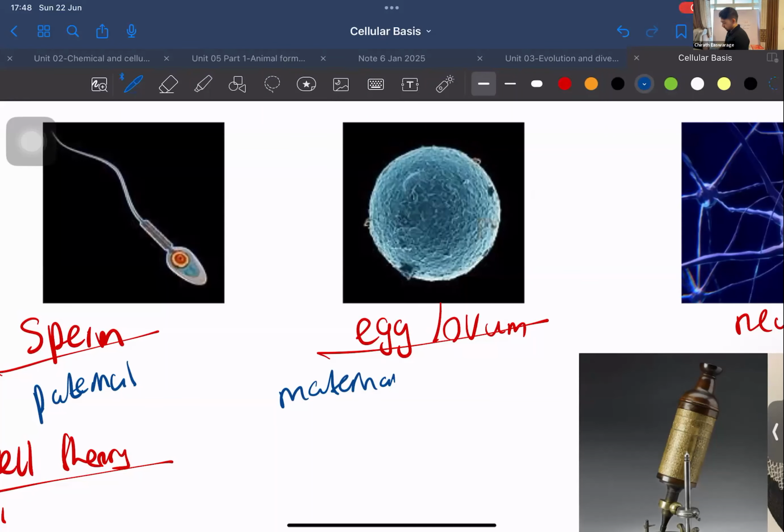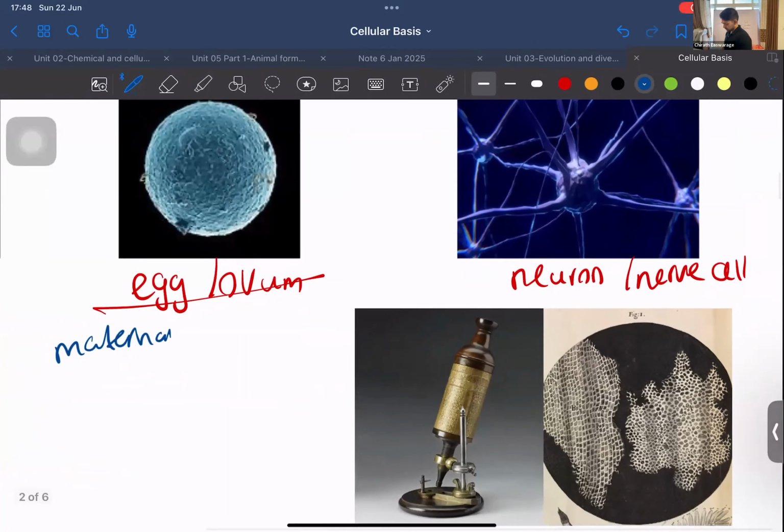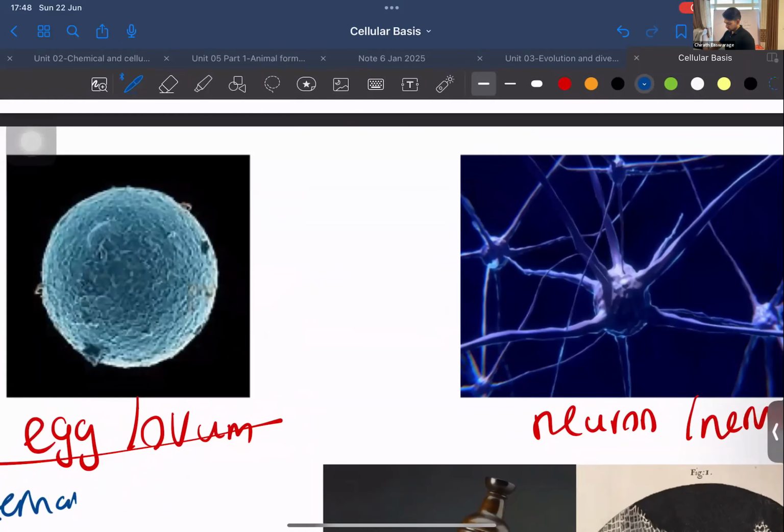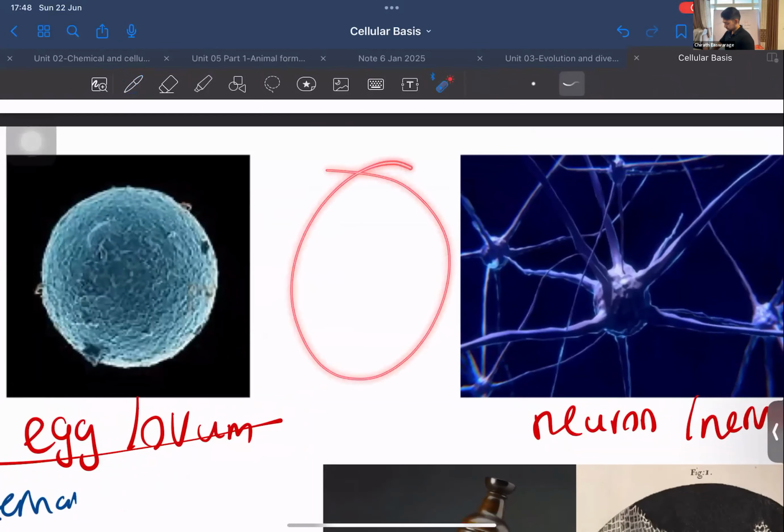Right? The third one, neuron or a nerve cell. There's not much space. You can write down here, maybe in this space. Neuron. The longest cells in the human body.